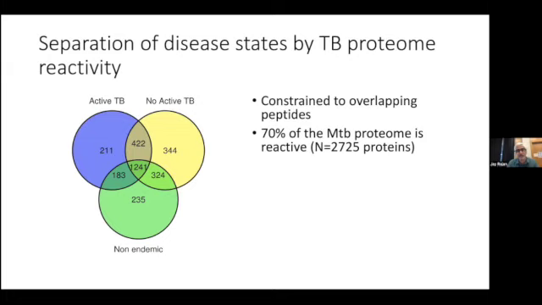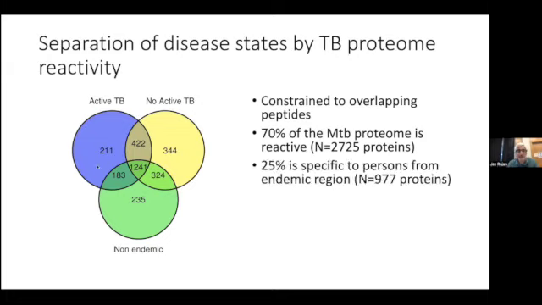So 2,725 different proteins, but only 25% of these, the things in the non-overlapping regions of the yellow and the blue circles here, are proteins that are extremely specific to people from an endemic TB region, so either with active TB or no active TB.